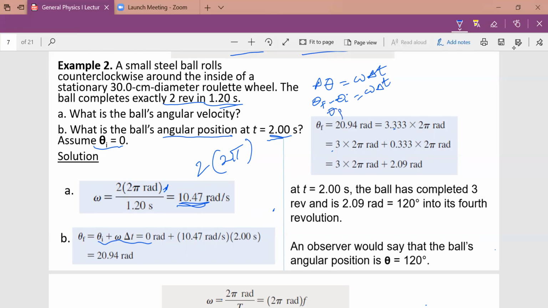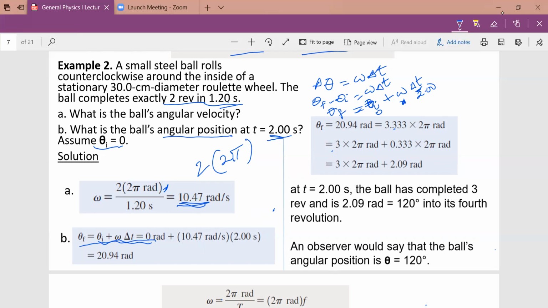So theta final, which is what we are looking for, is equal to, moving theta initial across the sign of equality, it becomes positive, theta initial plus W change in t. Theta initial is already given as 0, and we have the value of W from our first question, and the time given to us as 2 seconds. So that is how we arrived at this expression.